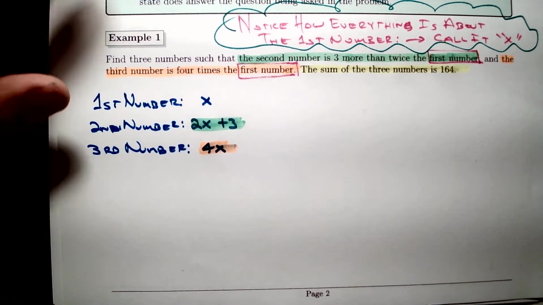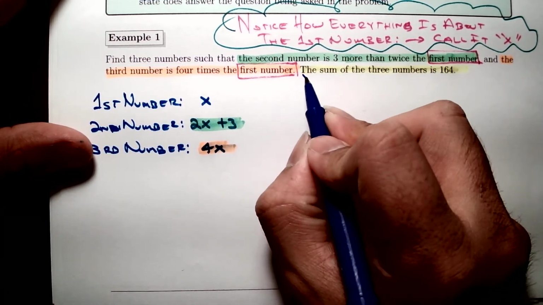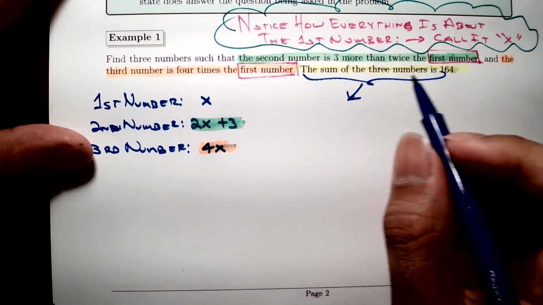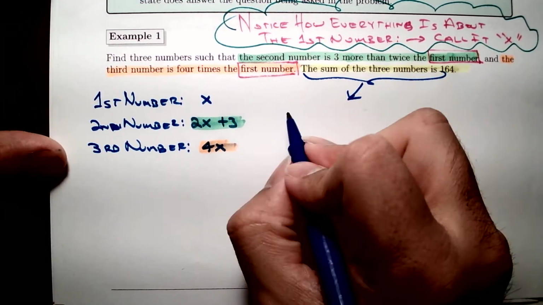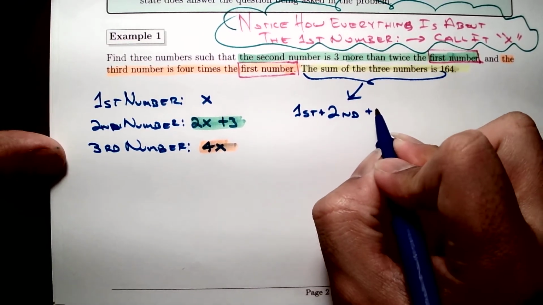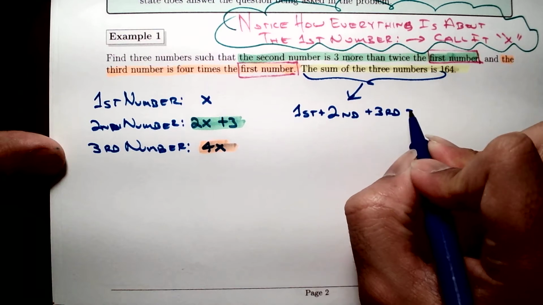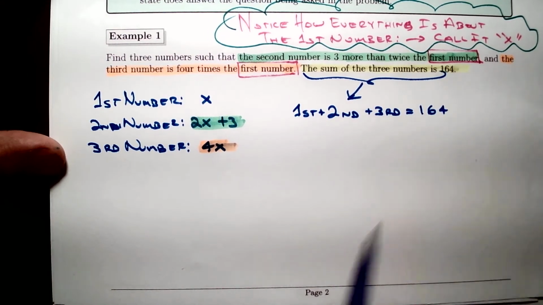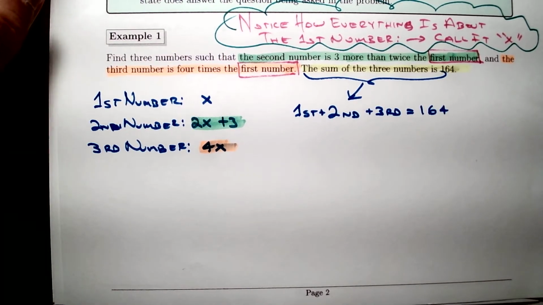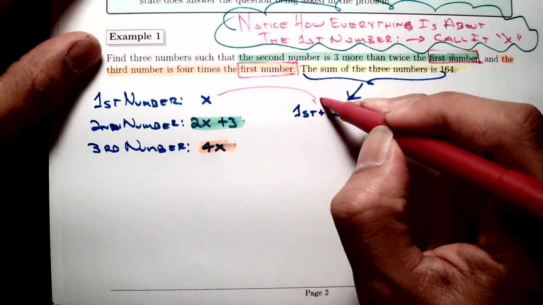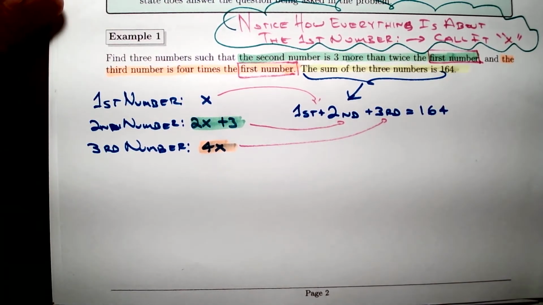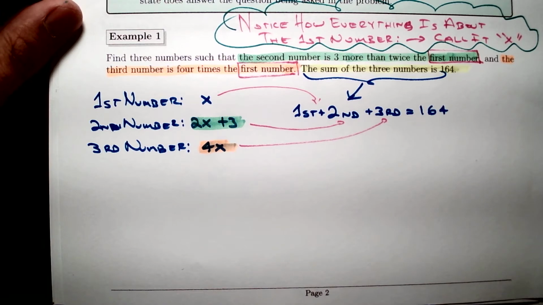So from that last piece of information, we have first plus second plus third equals 164. I'm going to substitute first, second, and third and write an equation that I'm going to solve in a minute.